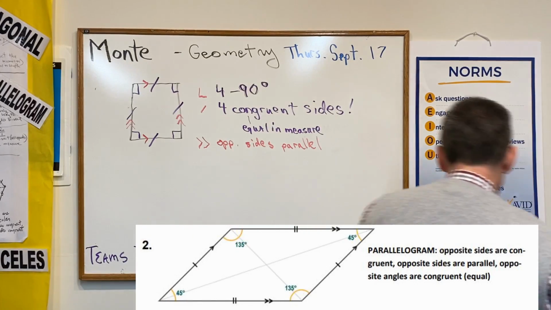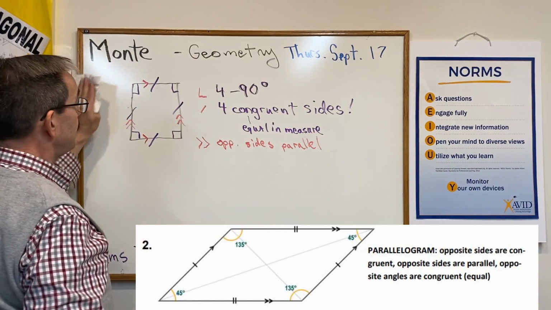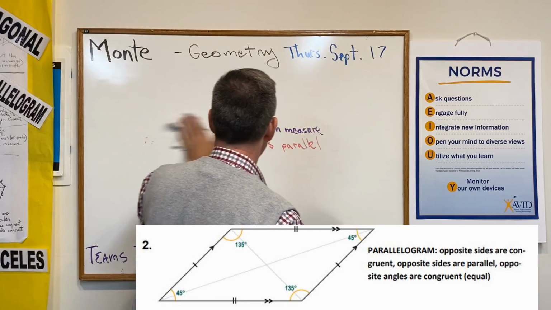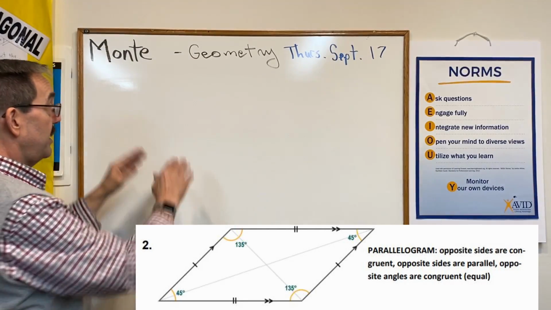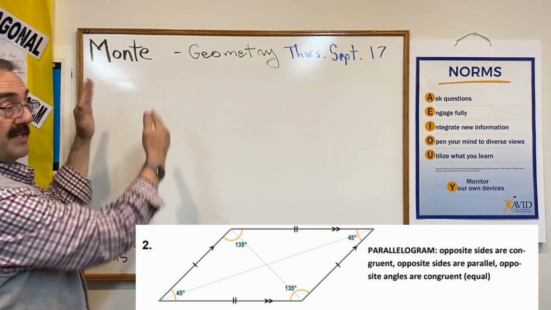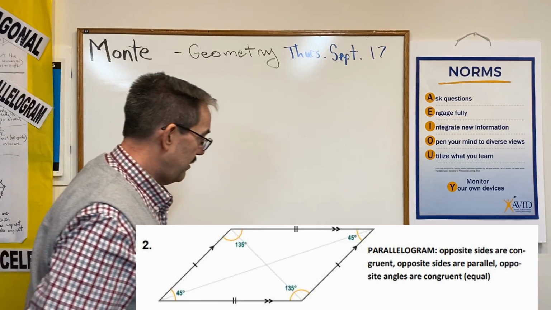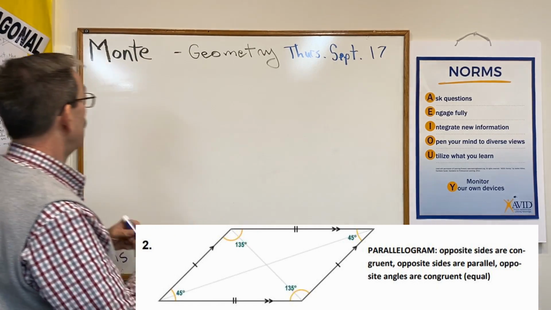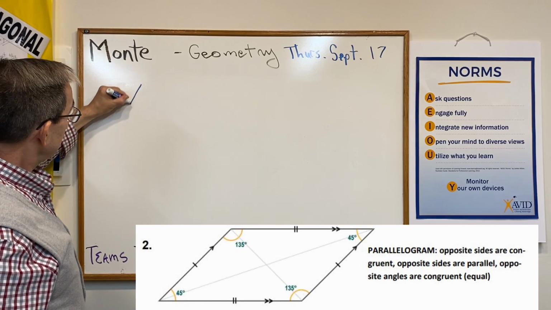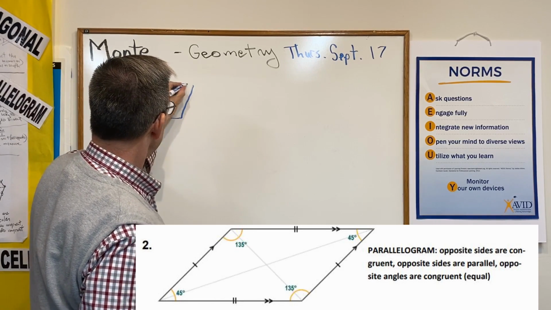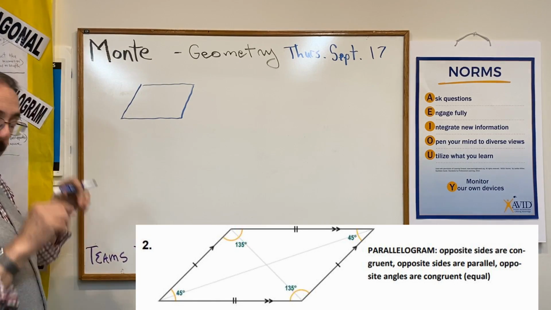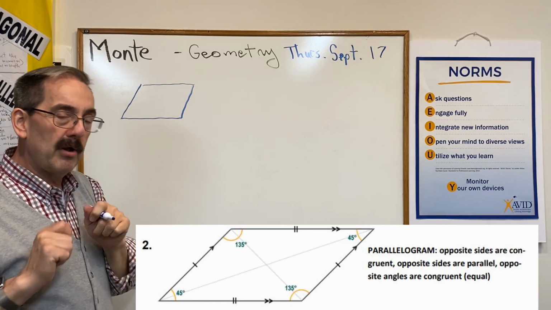Here we go. So our next shape is a parallelogram. All a parallelogram is a square that's been smacked on the side. Picture a square, and you just smacked it. Now it leans over a little bit. What makes a parallelogram?